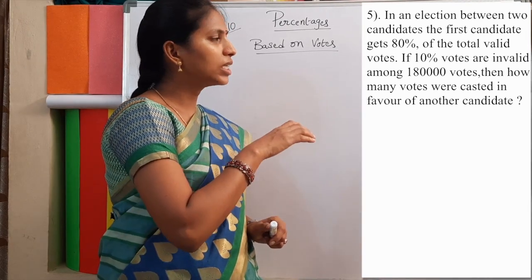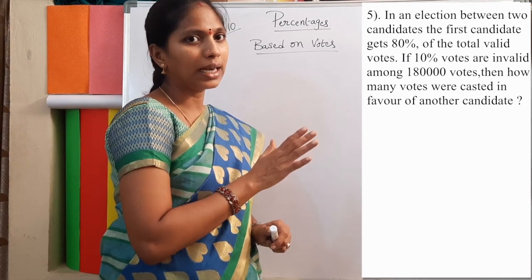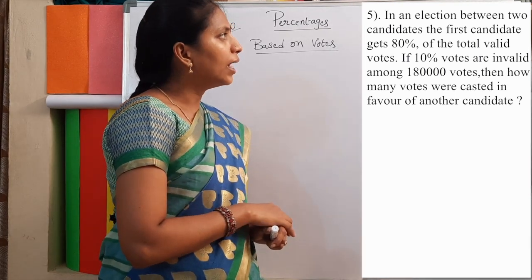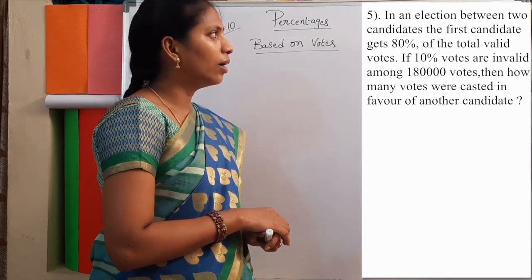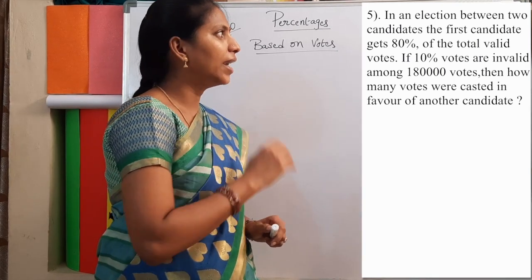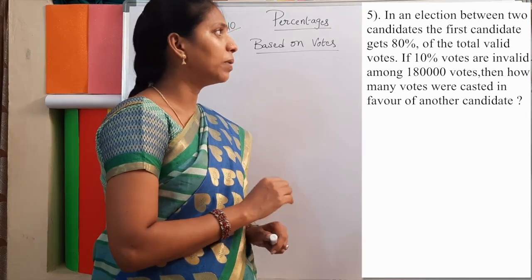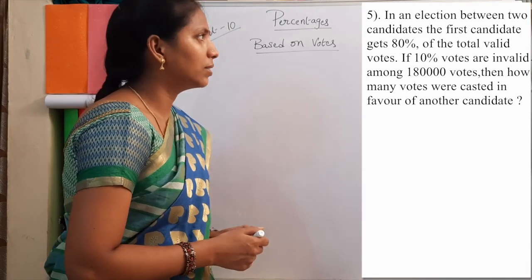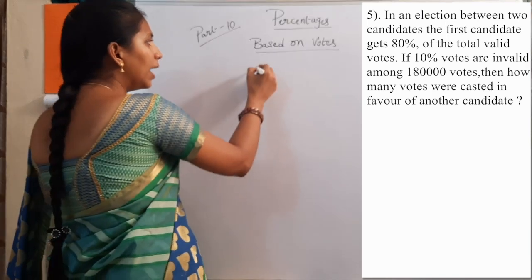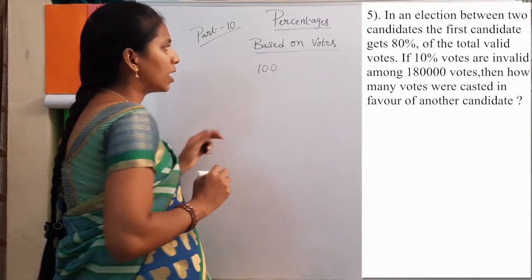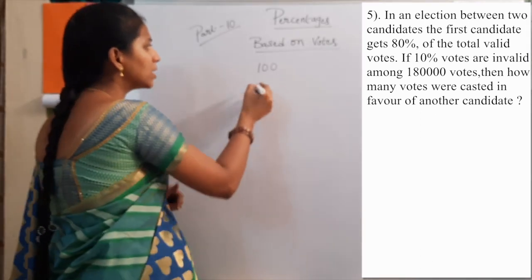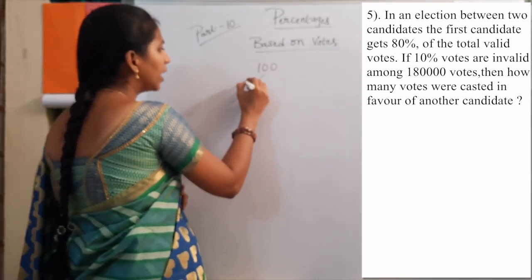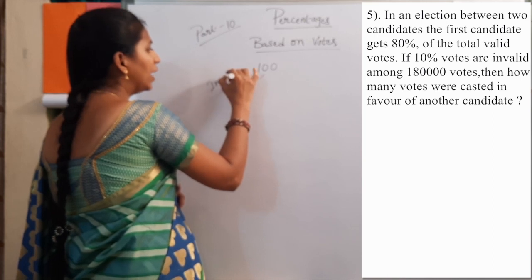In those votes, 10% are invalid. Then how many votes were cast in favor of the other candidate? The first candidate gets how many votes? 80% of valid votes. So first of all, take the total number of votes as 100, and 10% of votes are invalid. 10% invalid.